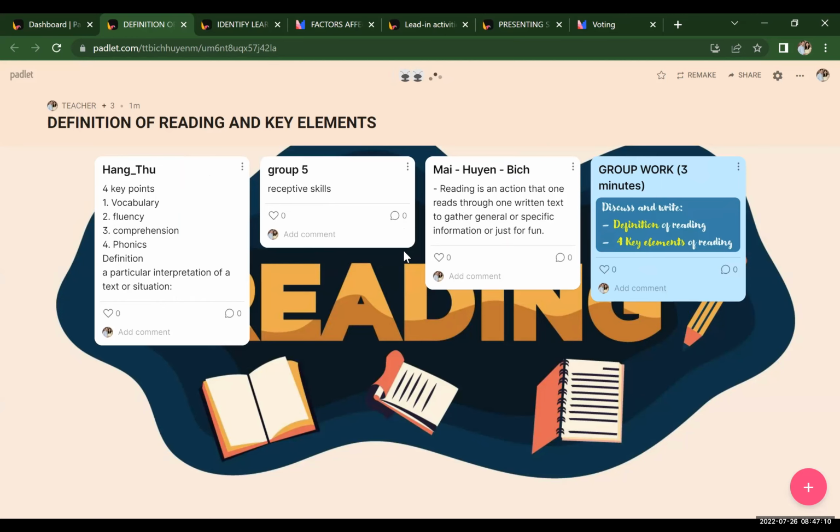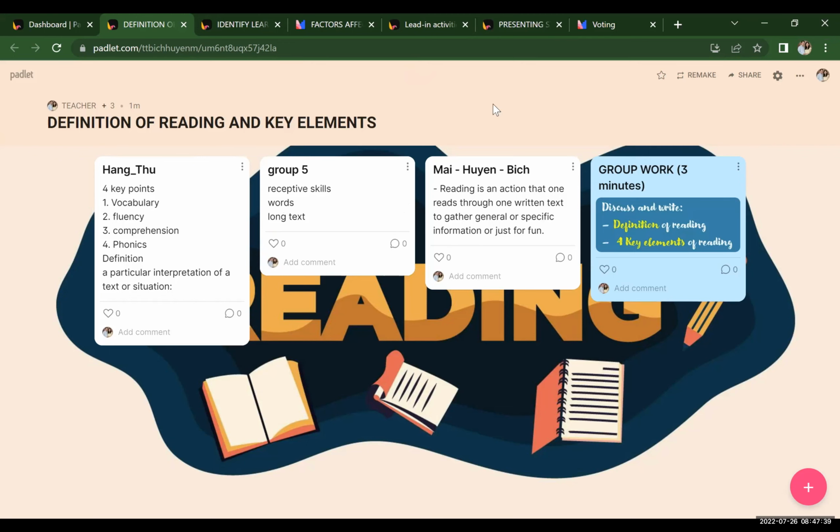What about the four key elements? Four key points: vocabulary, fluency, comprehension, phonics. A particular interpretation of a text or situation. Okay. What about the other group, please?